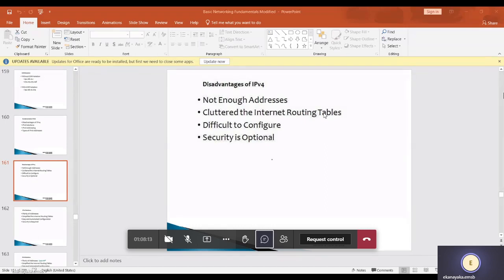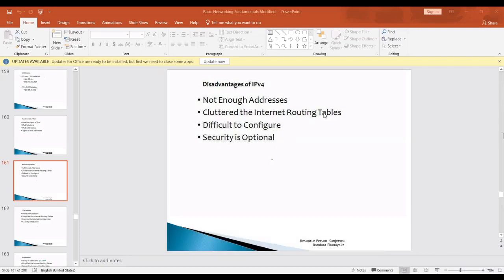The address space is not enough. We know that nearly 4 billion addresses we can make out of this, and it has very huge network routing tables, right? It is difficult to configure, and security is optional, because security features like IPsec are not built into IPv4 like IPv6.